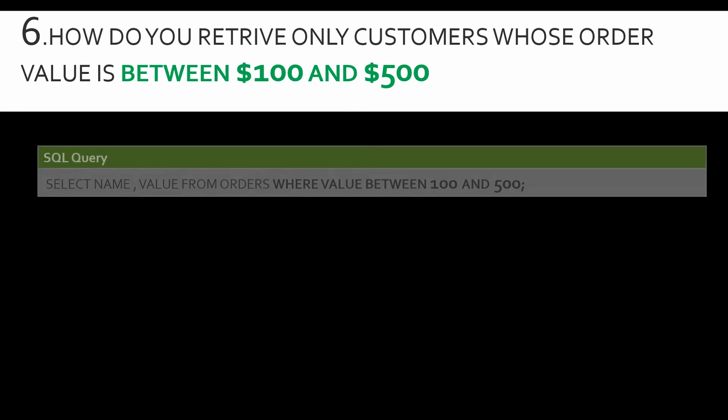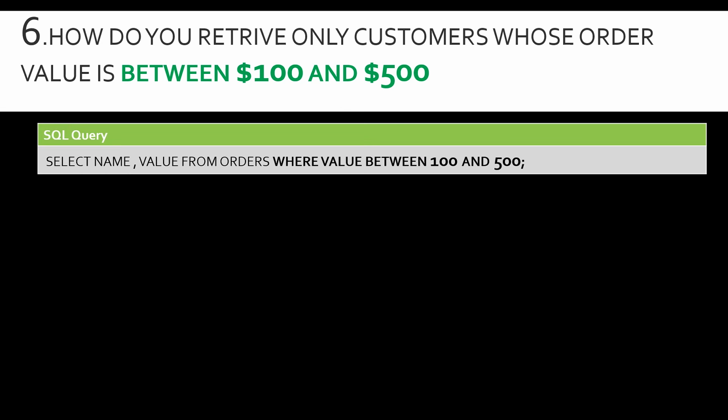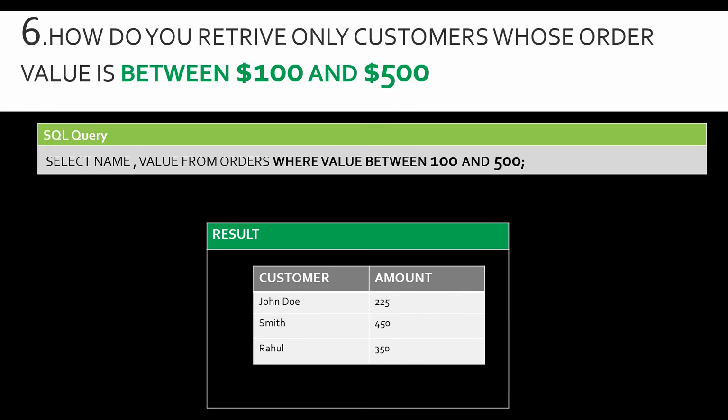So the SQL query for this is again name, value from orders, but we're going to use a clause called BETWEEN. So we're going to use where value between 100 and 500. What this SQL query will basically retrieve is all the order values ranging from 100 to 500, and the result would look like this.